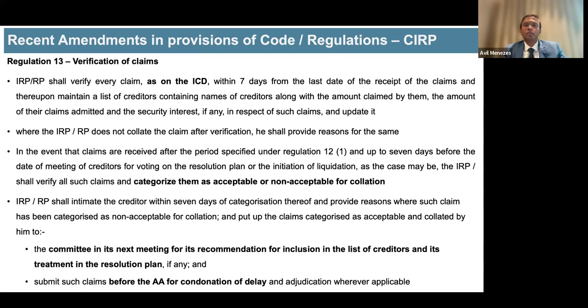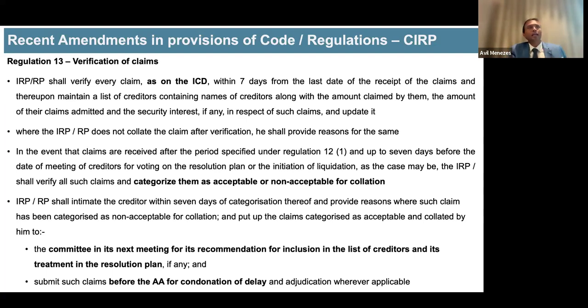insolvency commencement date. Now, wherever claims are received after 90 days of the insolvency commencement date or the date of issuance of RFRP, whichever is later, then as a resolution professional, it is your job to verify all such claims and categorize them as acceptable or non-acceptable for collation. So as an RP, your job is to verify and to collate. Collate is the word.